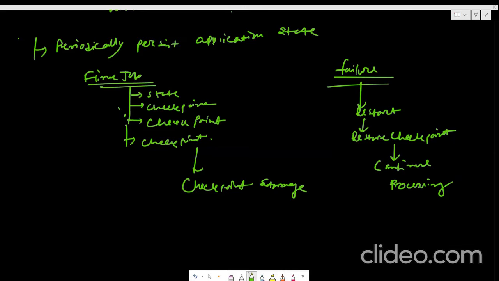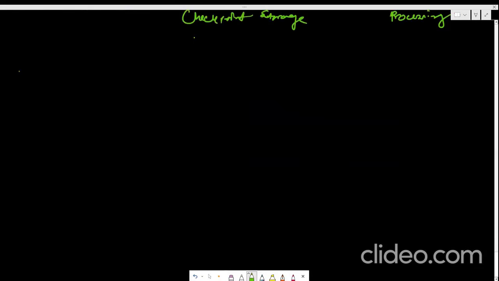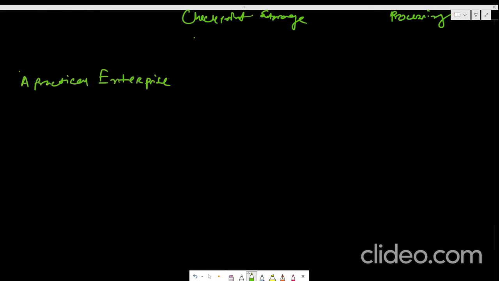Now I was working on another project, which is a UK-based meter data management system. I can tell you how it is being used there. That was a practical enterprise system I'm talking about. Imagine a utility company processing smart meter data.